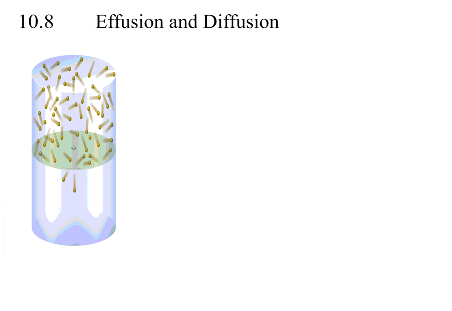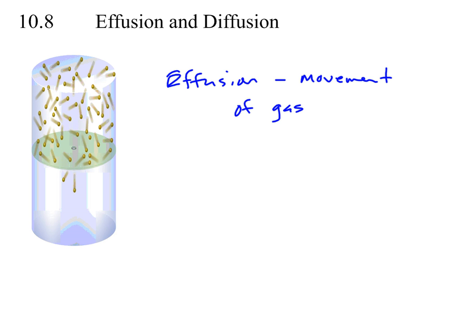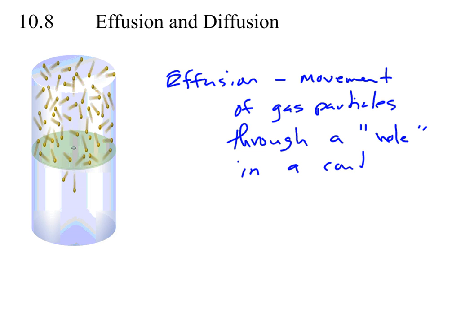First, let's define effusion and diffusion. Effusion is the movement of particles through a hole in a container, whereas diffusion is the movement of particles from an area of high concentration to an area of low concentration.